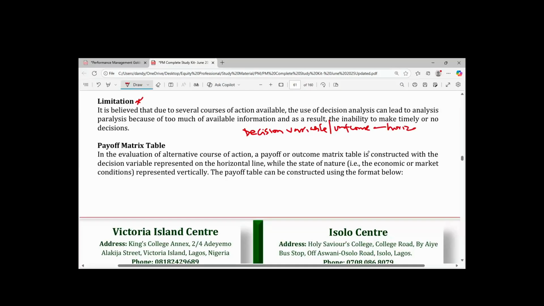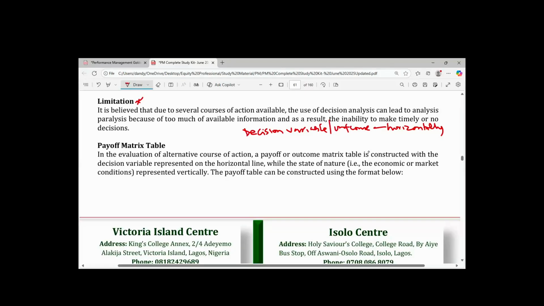You are going to indicate this on the rows, all right? Why did state of nature? Remember, in one of our previous classes, I mentioned that state of nature represents the events in the economy or in the market. In the economy, you can have good, bad, worse. You can have high, medium, low demand.